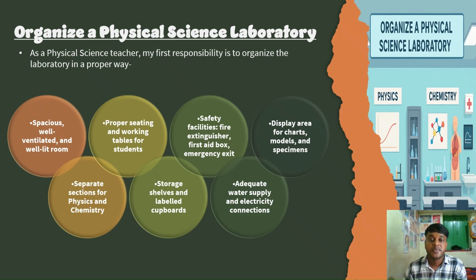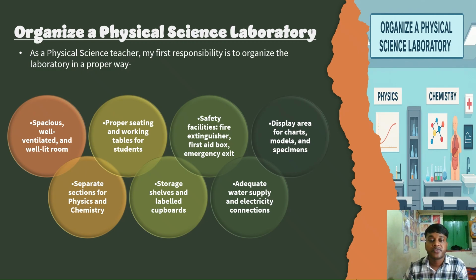For safety facilities, a fire extinguisher, first aid box, and emergency exit should be available. Next is adequate water supply. Water is needed for drinking or to perform experiments, so water supply and sufficient electric connections should be available in the science laboratory.